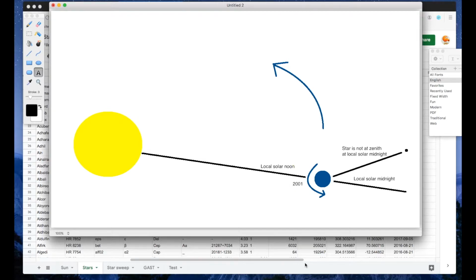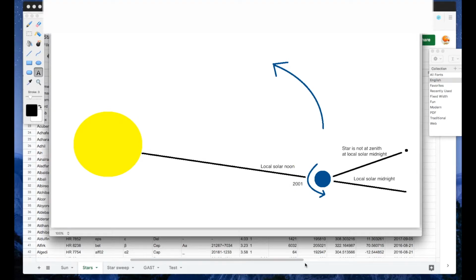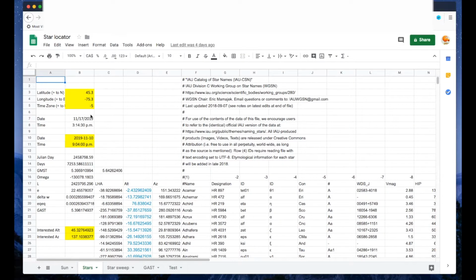So, how does that apply to how I want to use this in a very low tech sort of way? Well, what I did was I found a number of formulas that will generate the Greenwich apparent sidereal time. I think that's what it's called, or sidereal time.